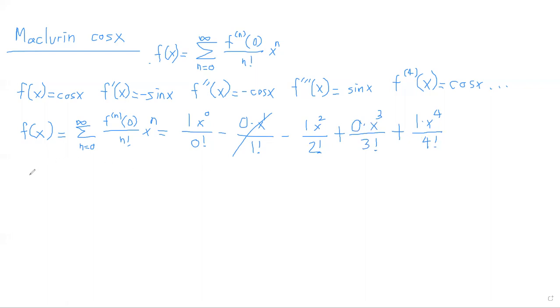And I'm going to simplify this out a bit. So this is equal to 1, minus x squared over 2 factorial, plus, this is equal to 0, so we jump to x^4 over 4 factorial. And we start to see a pattern.